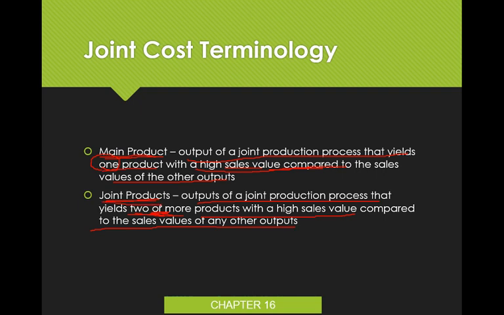For example, if we produce in joint production 2, 3, or 4 products that have high sales value, like product number 1 with a sales value of 1 million, product number 2 with 900,000, and product number 3 with 500,000, these 3 products can be called joint products if the other products in this process have low sales values, like 1,000, 2,000, or 500, for example for products 4, 5, 6, etc.